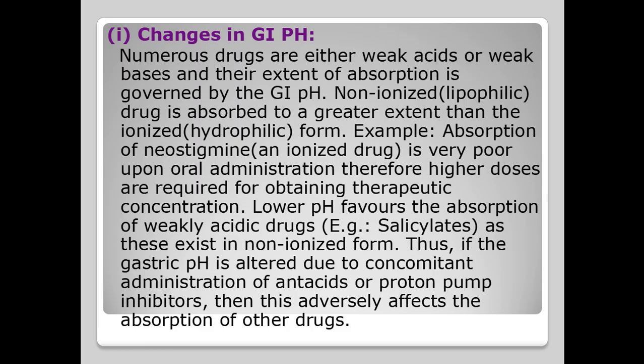So when they increase the gastric pH, the absorption of other concomitantly given drugs will be altered. Because the lower the pH, the better the absorption. If the pH is increased, absorption will be delayed.